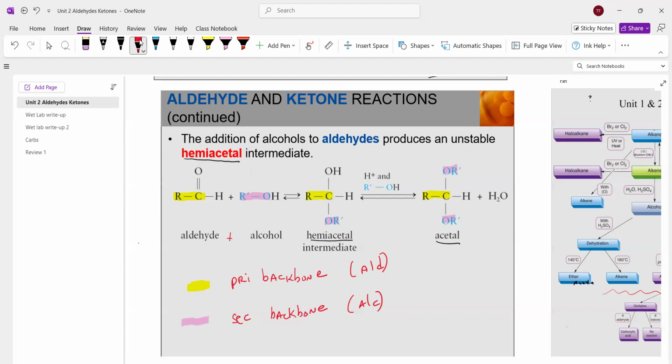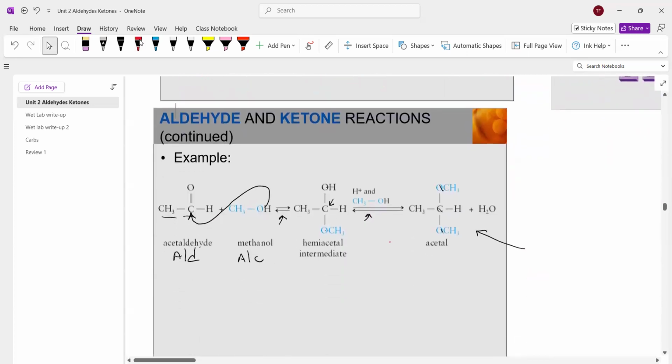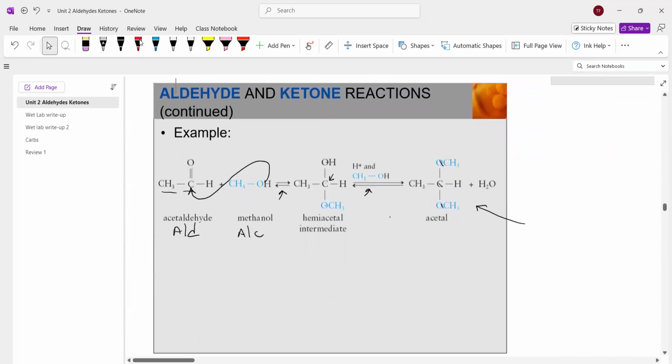Okay. So let's do an example now. Aldehyde is primary.